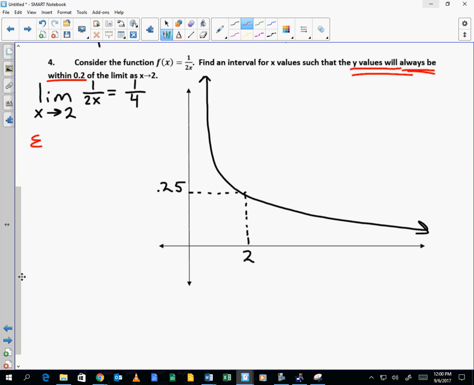That means my epsilon is 0.2. So what we do is we move up 0.2 and we move down 0.2. If I move up 0.2, where's that going to bring me? 0.45. If I move down 0.2, where's that going to bring me? 0.05.